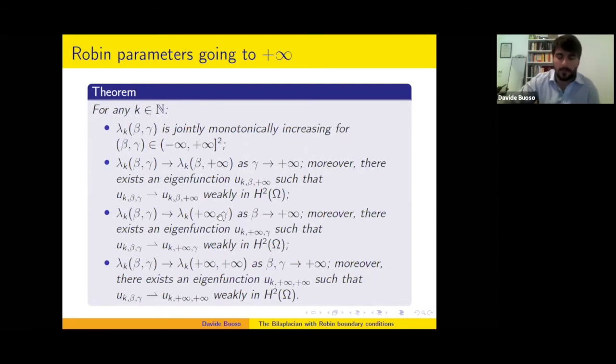What does this mean? That if you start with the full Robin problem, where you have beta and gamma in R, you can either go directly to the Dirichlet, or you can go first to the Navier-Robin and then to the Dirichlet, or you can go through the Cutrer-Sigillito and then to the Dirichlet. Meaning that everything essentially works in the nice way, as we would expect.